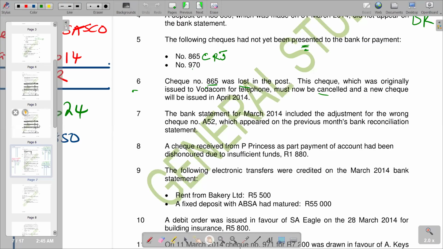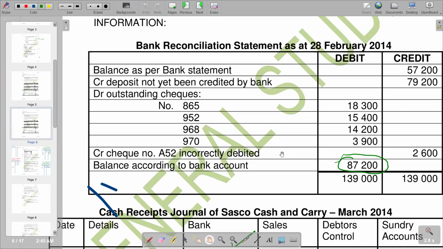So if you go back, you'll see that this check number A52 was incorrectly debited. So remember, information that will be having on the bank reconciliation statement indicates that it's something that was, in the case of this one, is something that was done incorrectly. It was corrected.